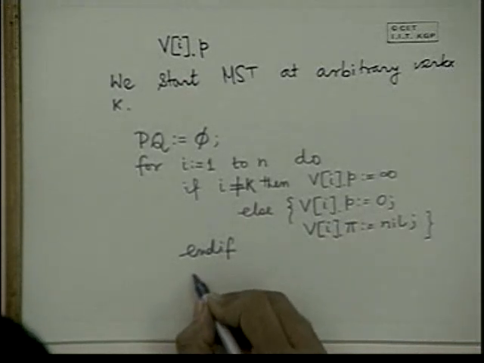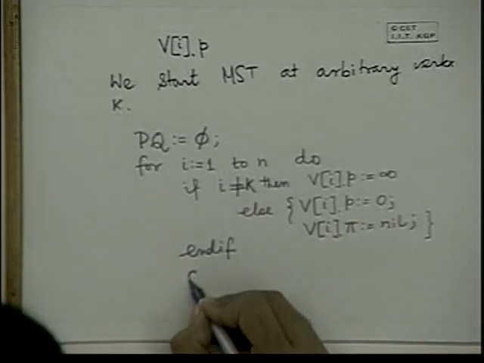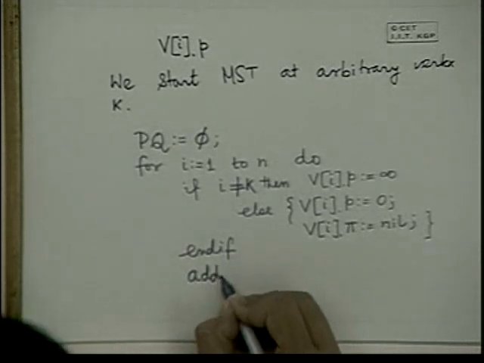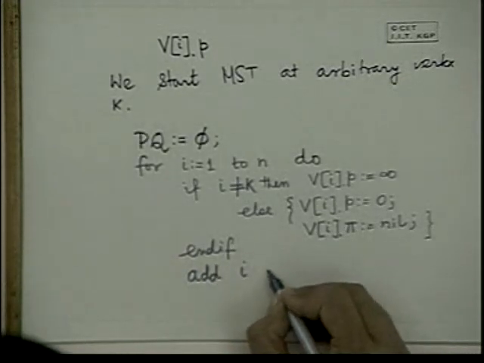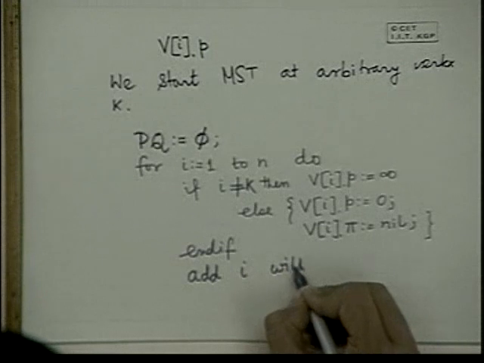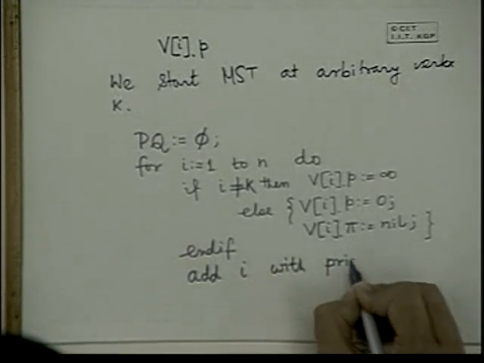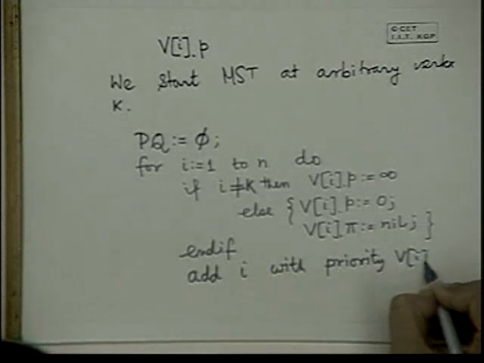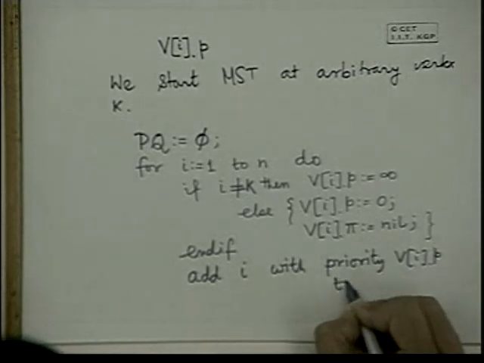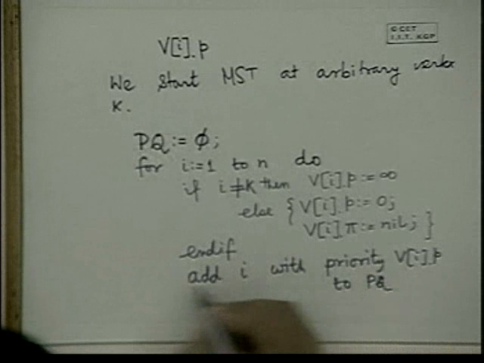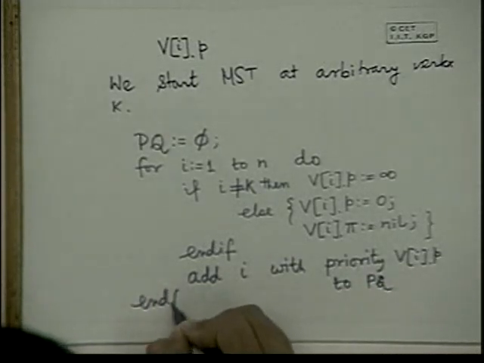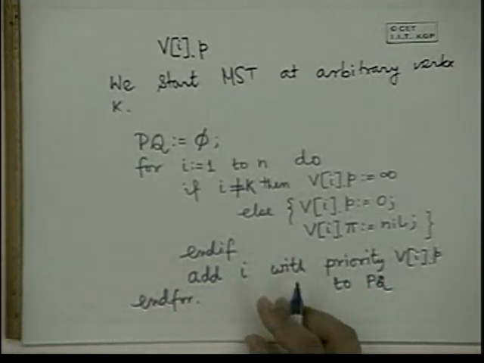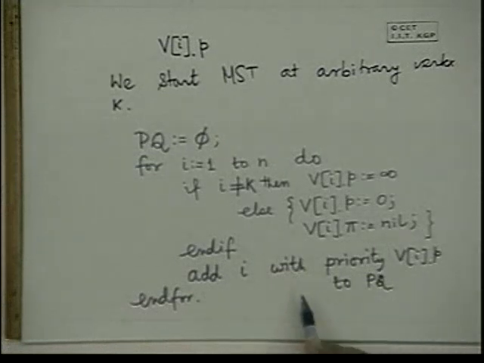After you initialize the priority field, you initialize the priority queue. Add i with priority vi.p to PQ, and that is the initialization. So this is a very simple initialization.